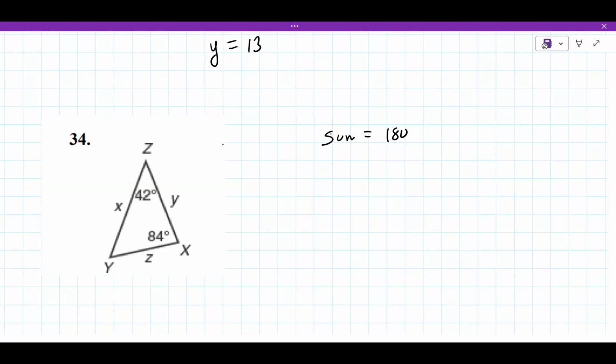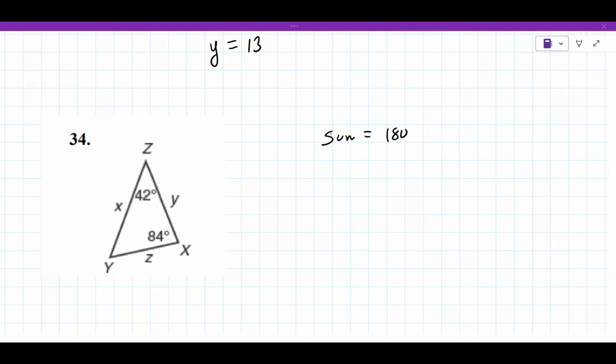If I subtract that from 180, the missing angle would be 54 in this case. So big Y would be 54, correct? Yes, that sounds right. They get more complicated from here, but that's totally doable.